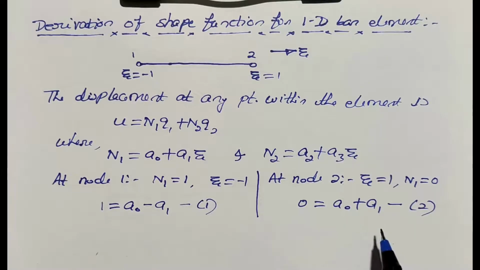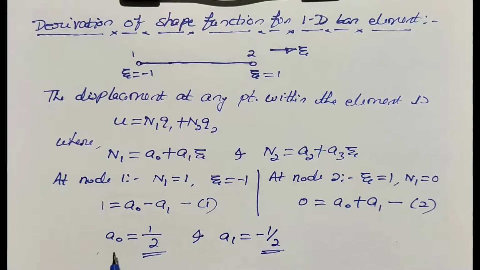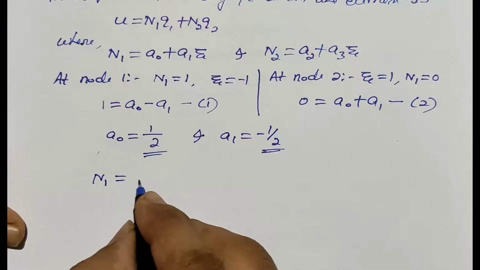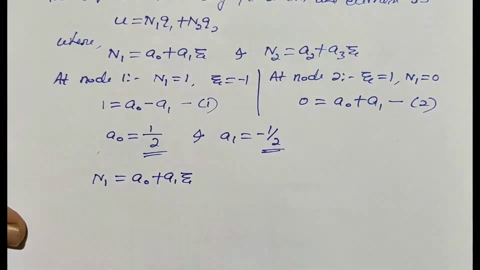By solving these two equations, we will get A0 is equal to half and A1 is equal to minus half. Now I will substitute A0 and A1 in this equation. We have N1 is equal to A0 plus A1 zeta.